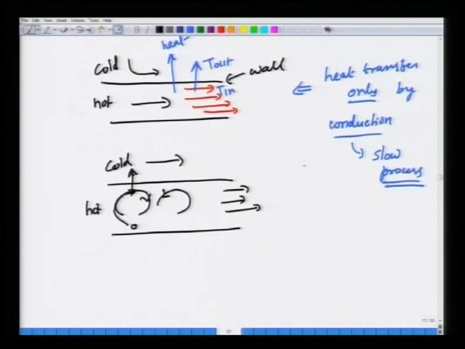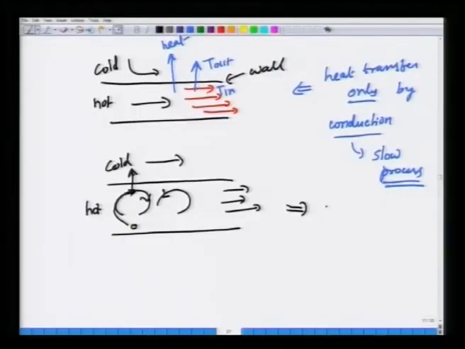So, this presence of flow in the direction normal to the main flow, which are called secondary flows, can aid conduction. Although ultimately heat transfer happens at this wall only by conduction, the rates at which conduction can happen can be enhanced by these circulating zones of fluid. And so, this depends on the detailed nature of the flow.